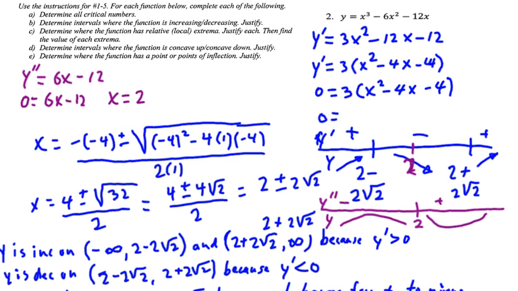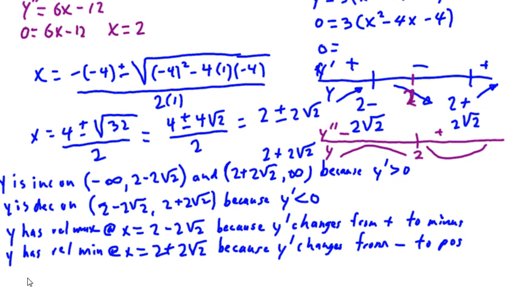And so to write our statements down here, we'll say y is concave up on 2 to infinity because y double prime is greater than 0.